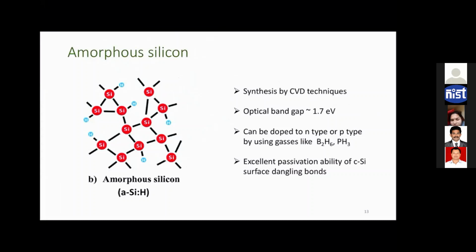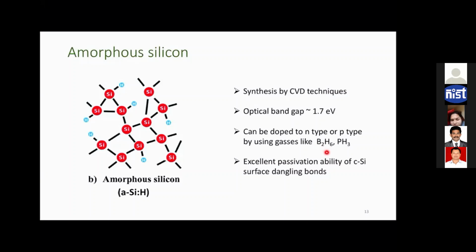And most interestingly, this amorphous silicon can be doped N-type or P-type by using precursor gases like diborane or phosphine. So if you want to dope this amorphous silicon by boron, thereby making it P-type, you can use the precursor gas diborane along with the silane.